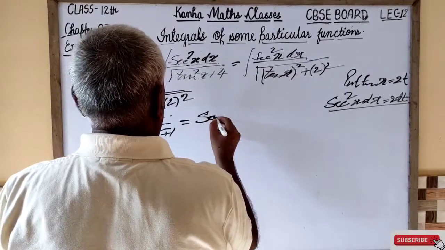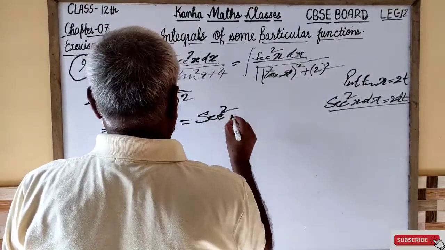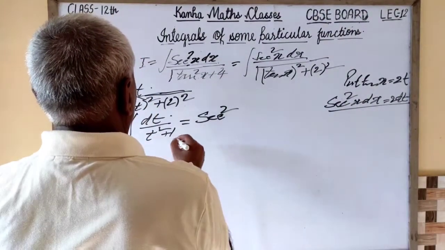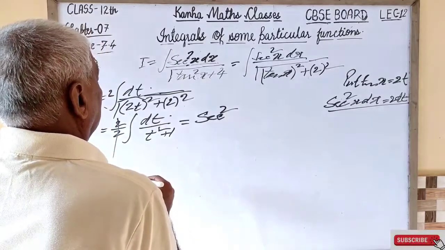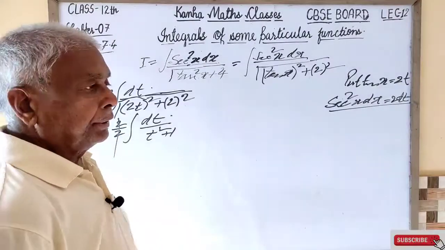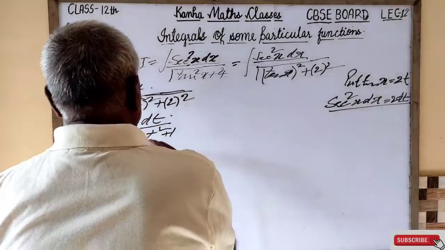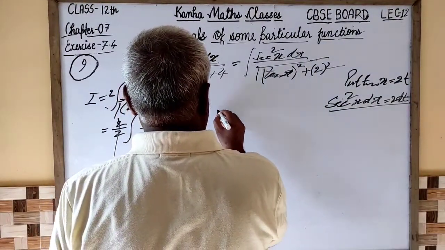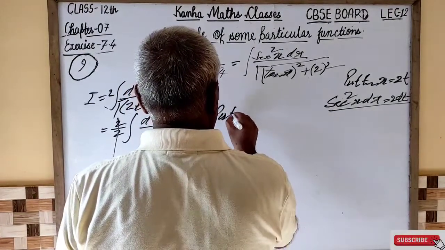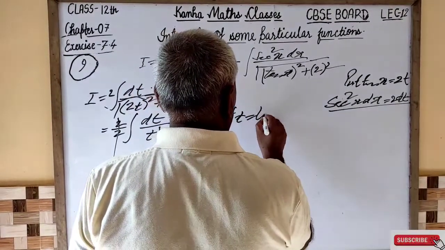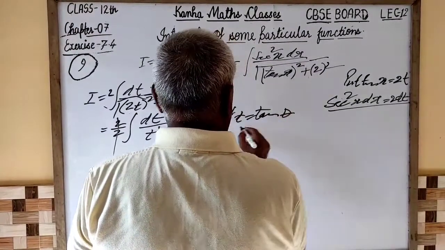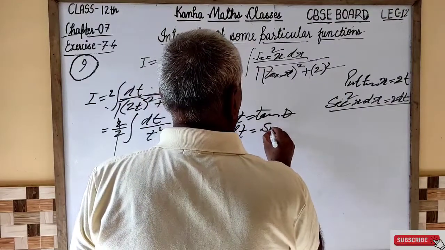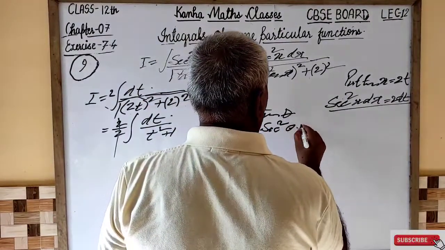So this will be integral dt upon under root t square plus 1. Again here we will substitute t in terms of tan theta. Now put t is equal to tan theta, and this derivative dt is equal to sec square theta d theta.